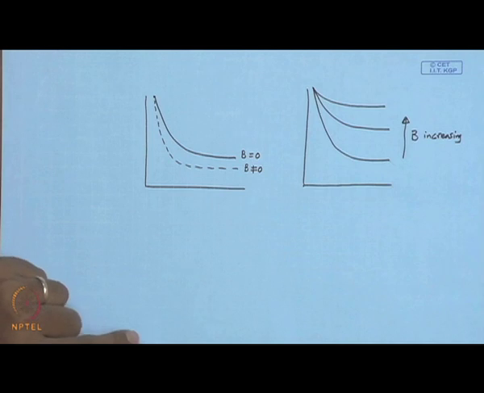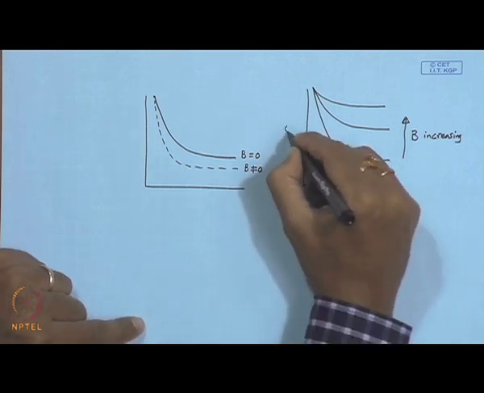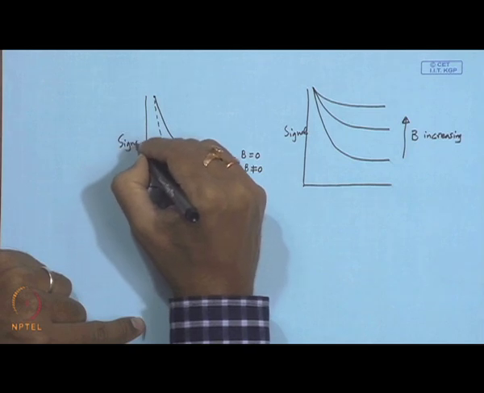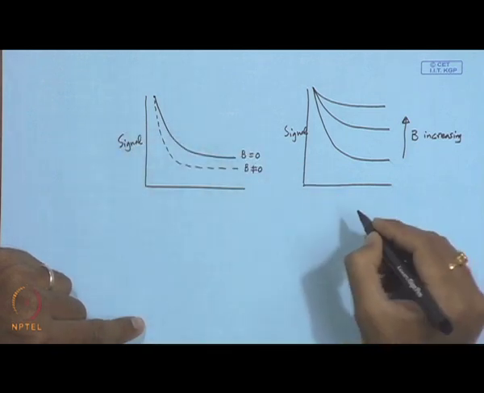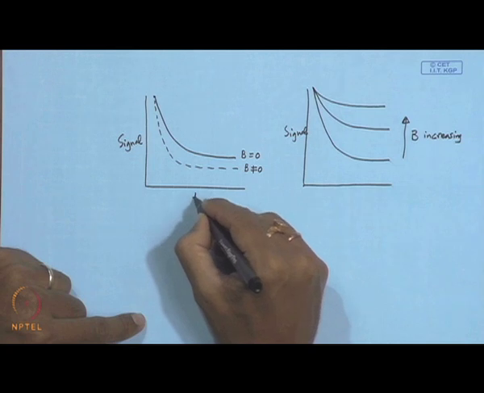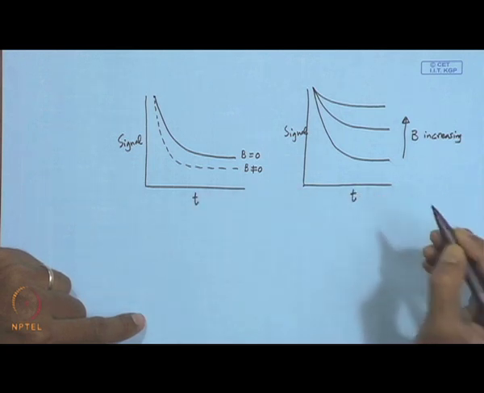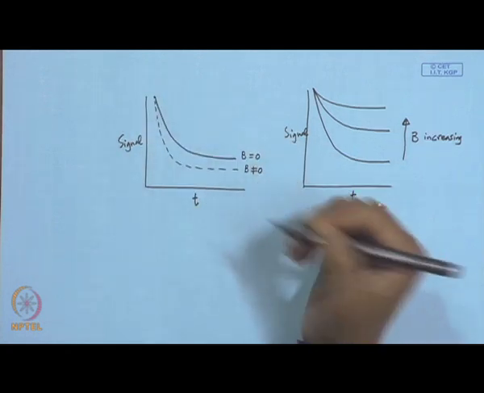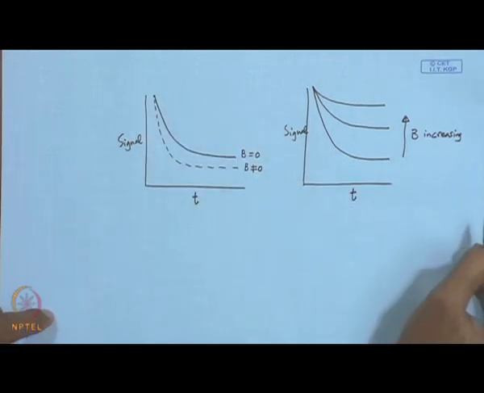Okay, these are signals, maybe OD or similar quantities, against time T. Okay, the reverse may be expected for singlet born radical pair.